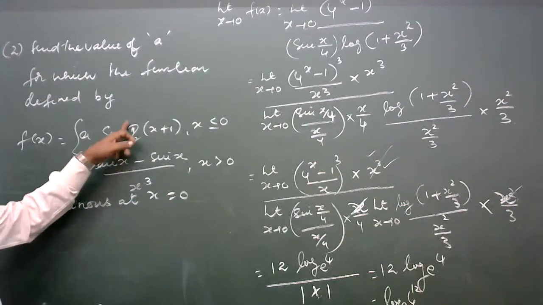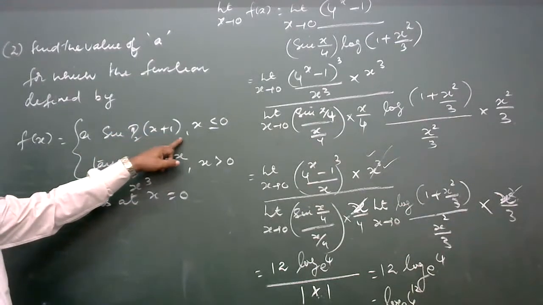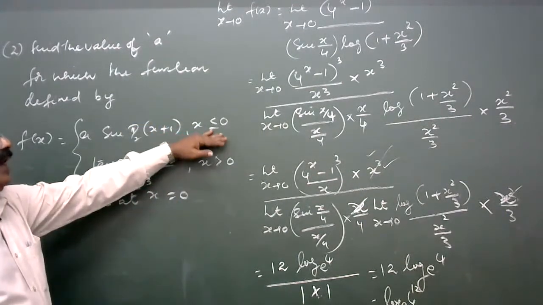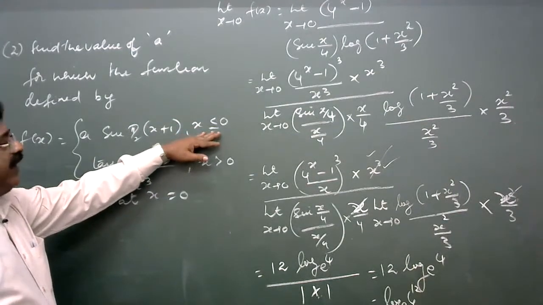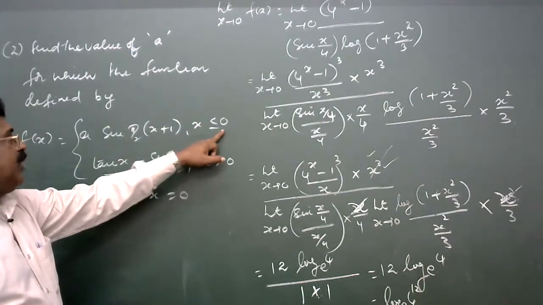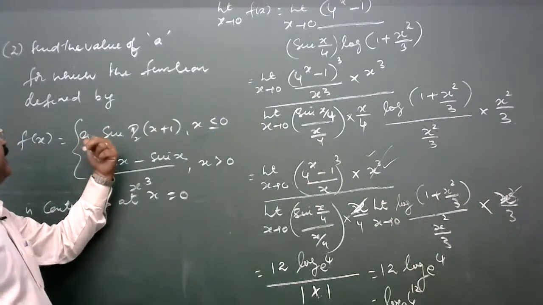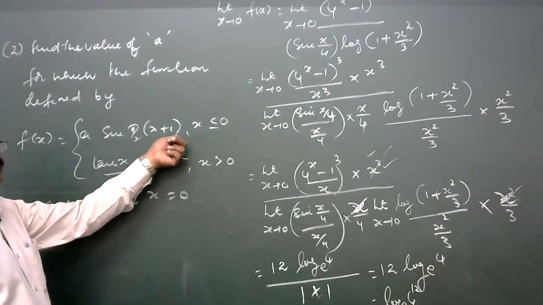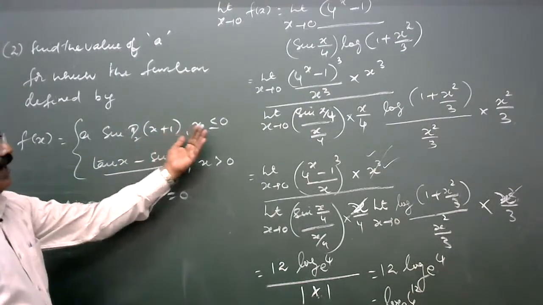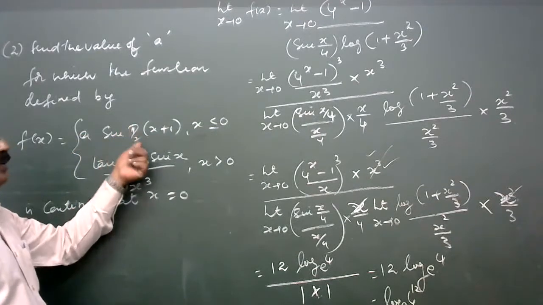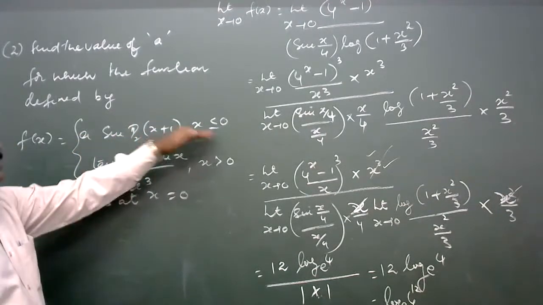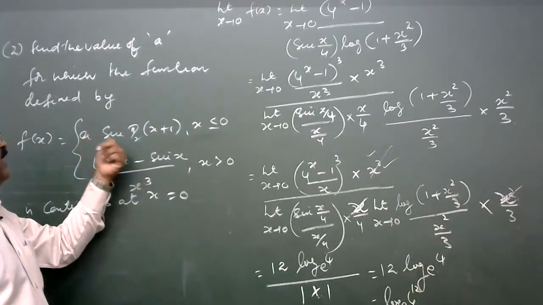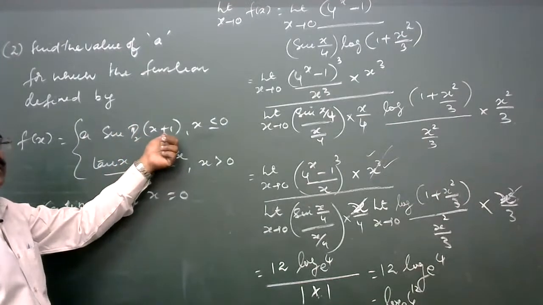That means the function is defined when x is less than or equal to 0 as a sine pi by 2 into x plus 1. The left limit is a sine pi by 2 into x plus 1, and the function at x equal to 0 is a into sine pi by 2 x plus 1.